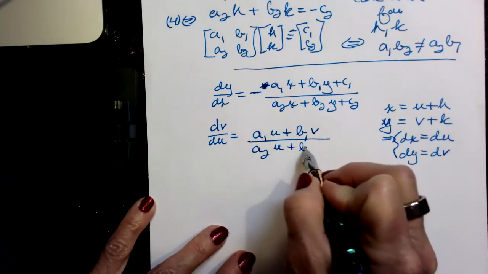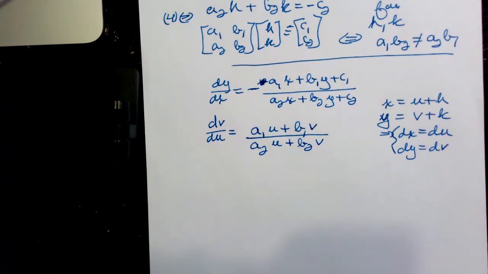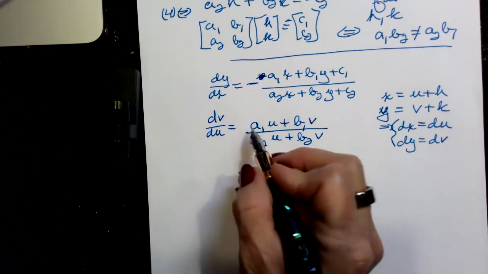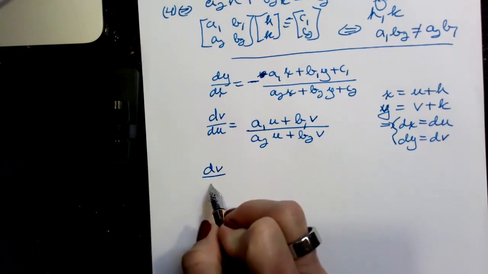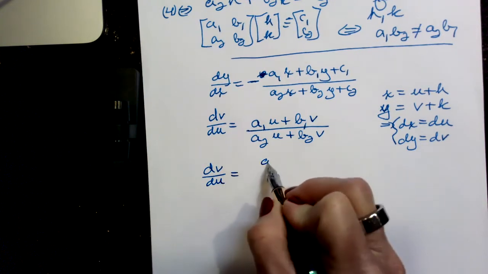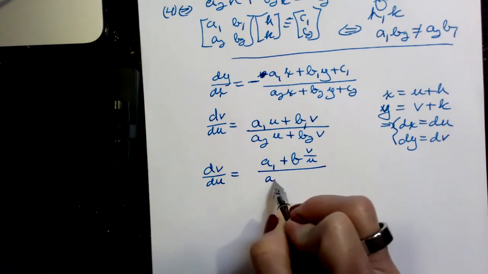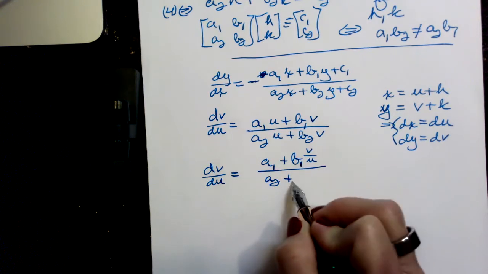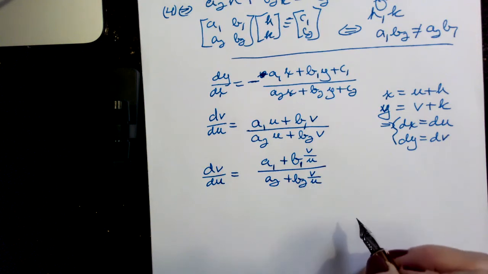a2u plus b2v. Okay, and now we use the same trick that we did before. We'll multiply in the numerator and denominator by 1 over u. So dv over du will be equal to a1 plus b1v over u, over a2 plus b2v over u.